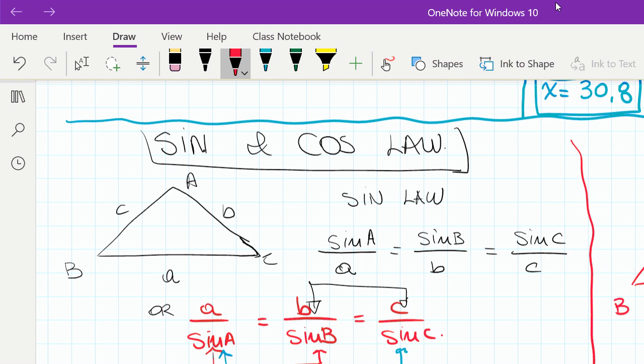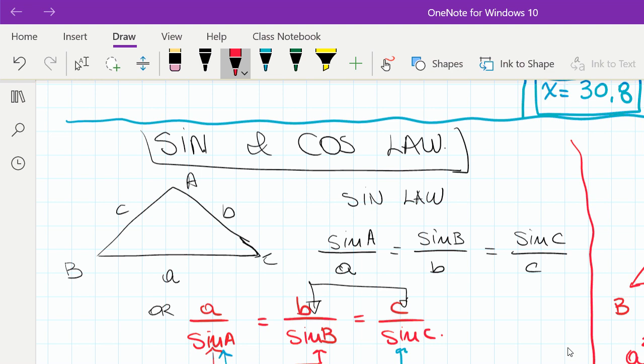Let's suppose A, B, C, where BC is length A, AC is length B, and AB is length C. The cosine law is written like this: A squared is equal to B squared plus C squared minus 2BC times cosine of angle A. From here, you can find the angle as well by using cosine A, or you can apply sine law to figure out what the problem is asking you for.